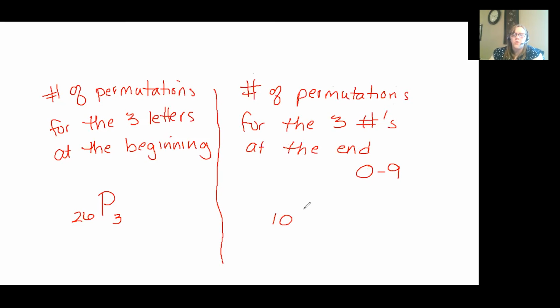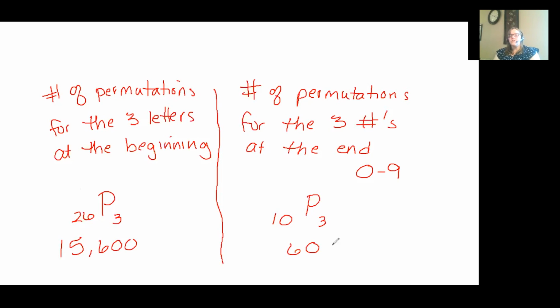So there are 10 total numbers you can choose, and you're going to choose 3 of them. So that means that this permutation problem comes out to be 15,600 options. And over here, you have 60 different options.